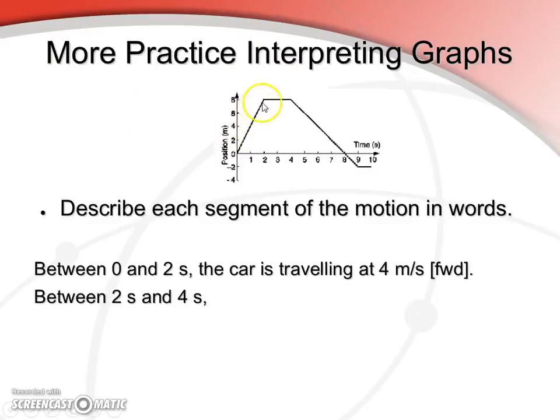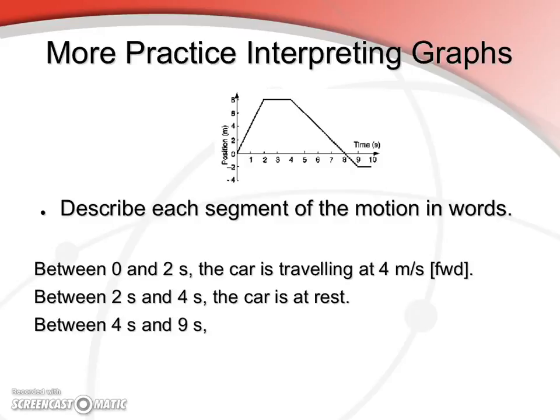Now, what about between 2 and 4 seconds? Well, we can see that our slope is 0, so our speed is 0 and our velocity is 0. The car is at rest. Now, between 4 seconds and 9 seconds, we have a negative slope, meaning that the car is moving backwards.